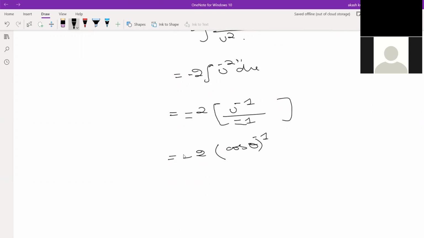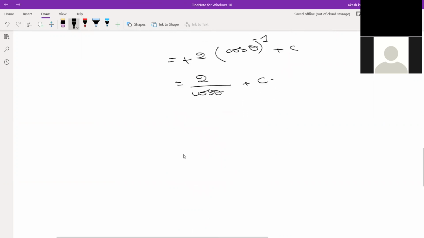And this minus becomes plus. So the answer is 1 over cos theta plus c, or you can say 2 over sec theta. Yes.